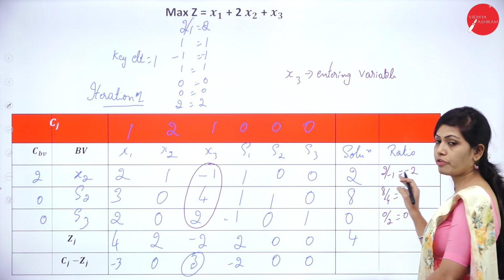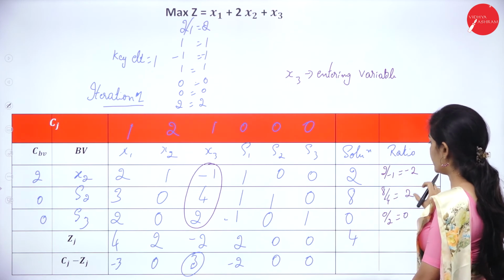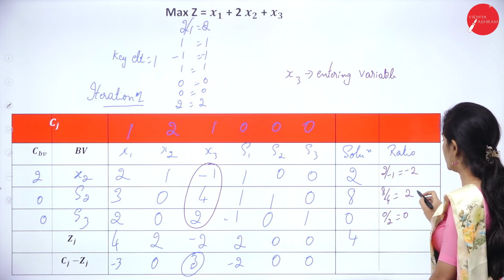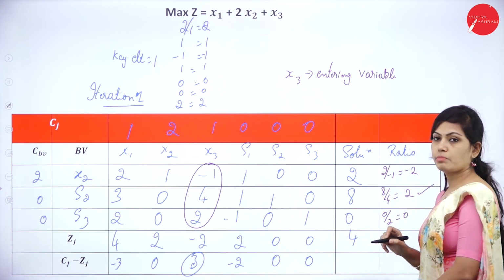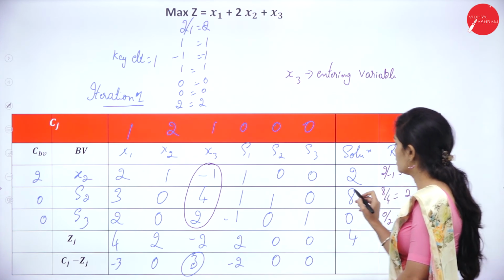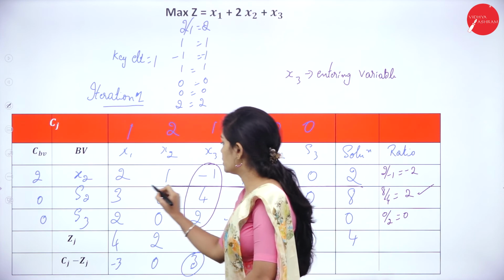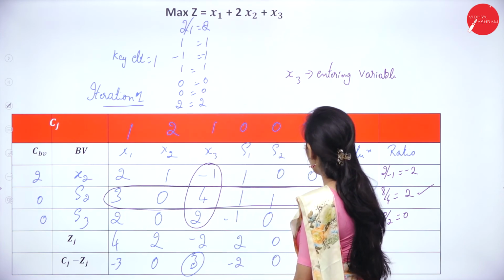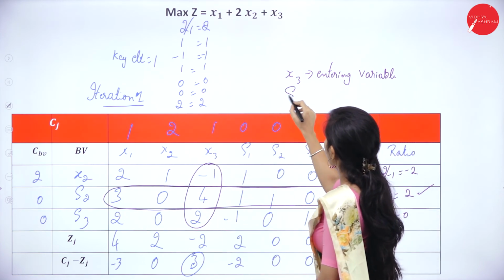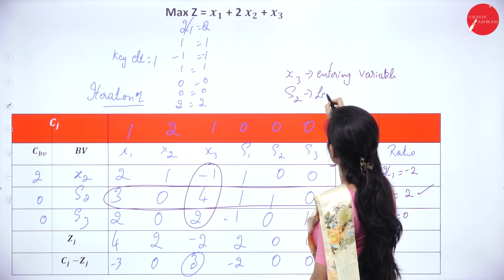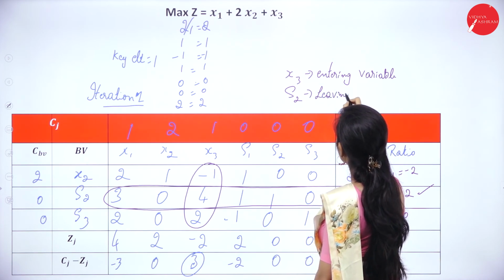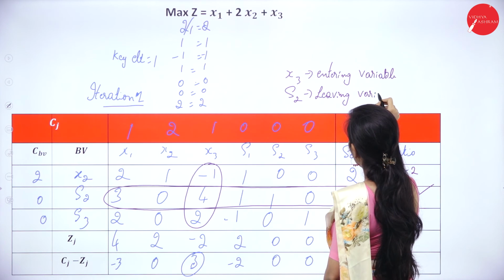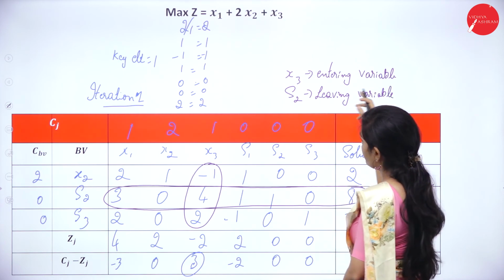So here you have to select the least positive value, that is 2. So this is my key row. So 2 comes under S2. So S2 is my leaving variable. Leaving variable is S2. Entering variable is x3.